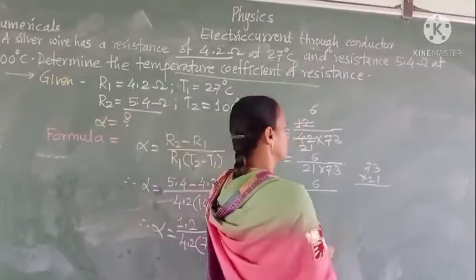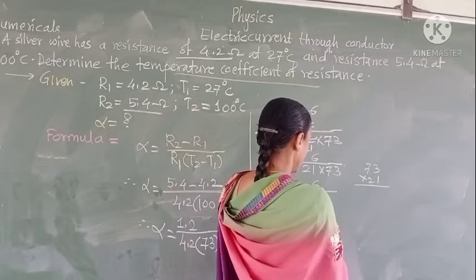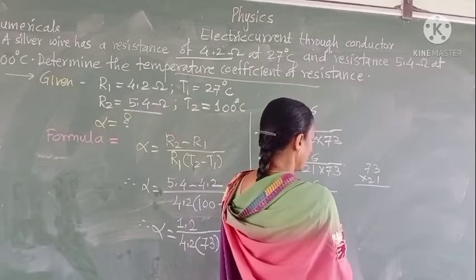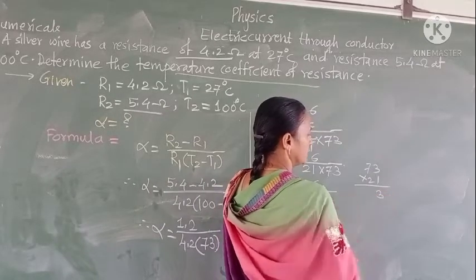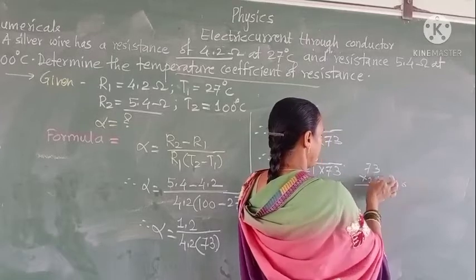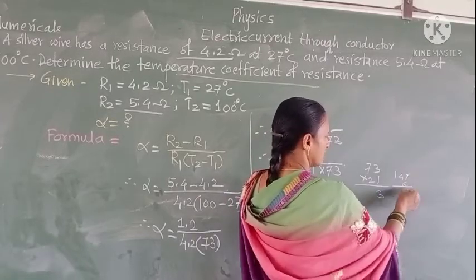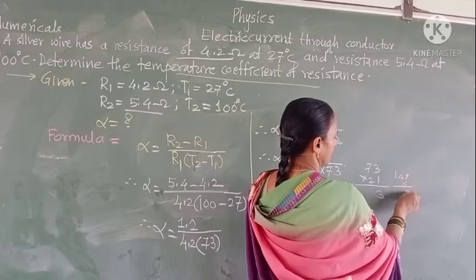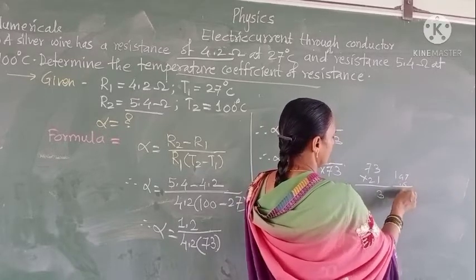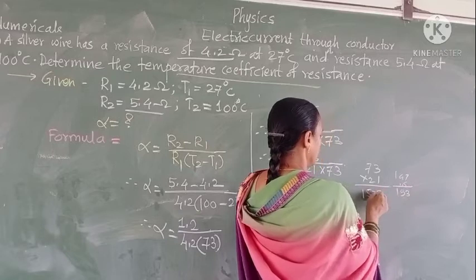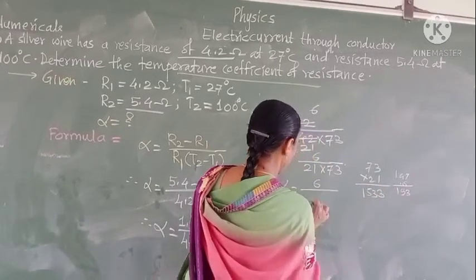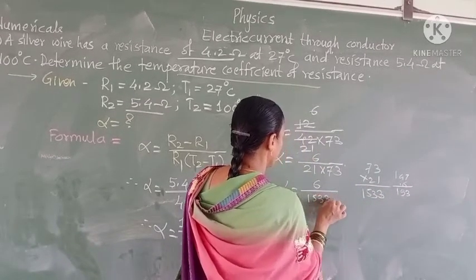21 3s are 63. Therefore, 3 7s are 21, that is 147. We add in this term 7 plus 6, that is 13. 4 plus 1 is 5. 153. That is we take the value 1533.